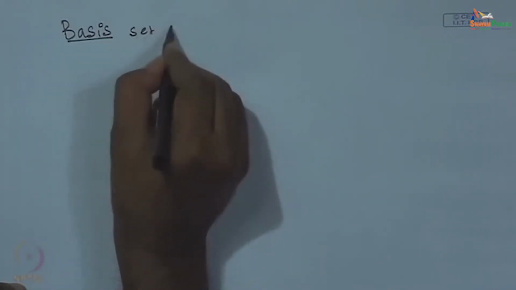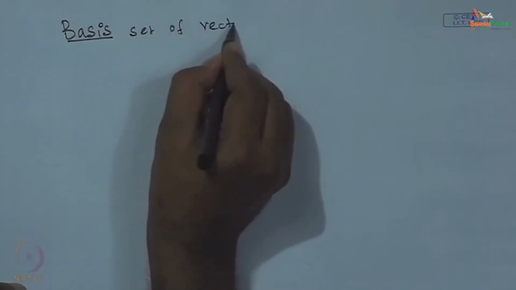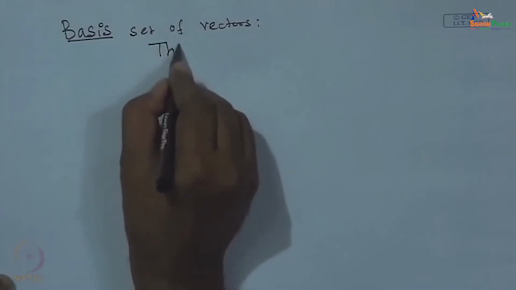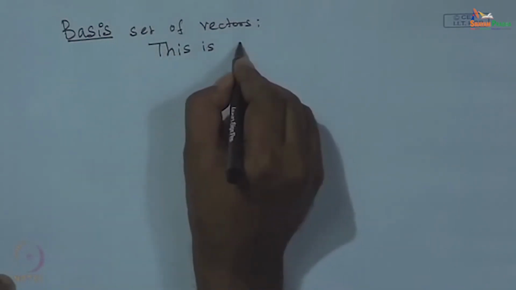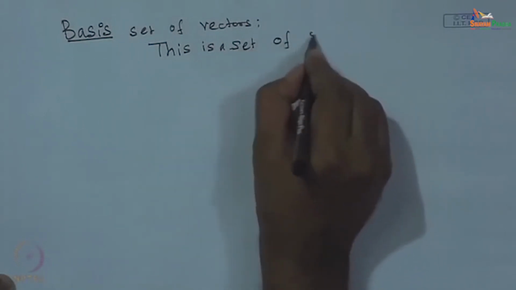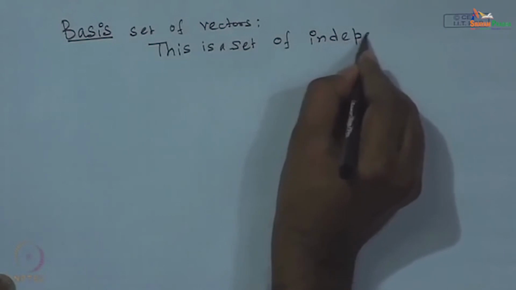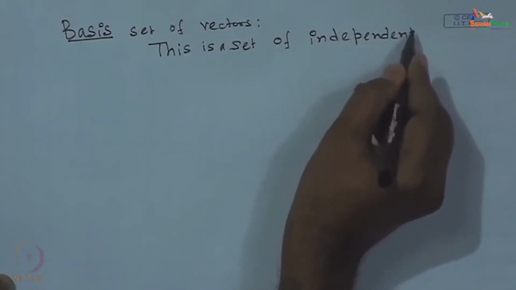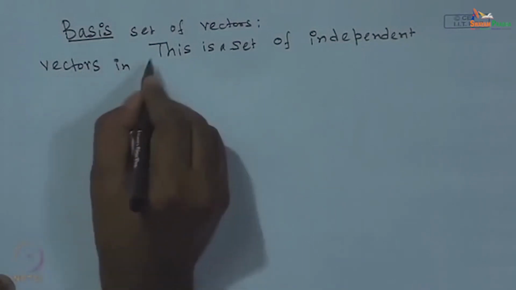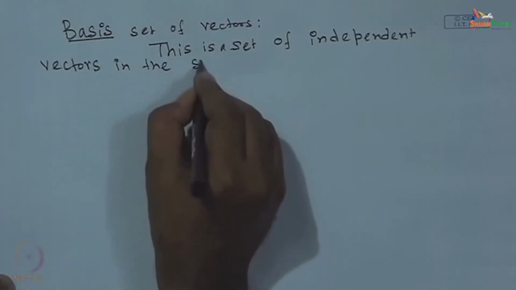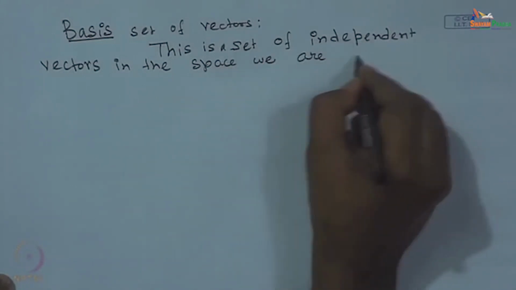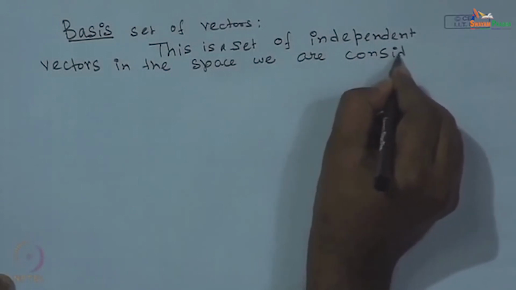A basis set is a set of independent vectors in the space we are considering.